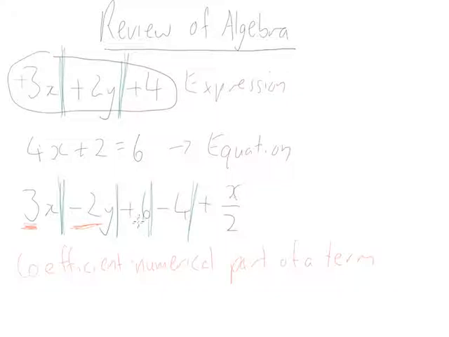Here you don't really talk about coefficients when it's just a number by itself. We'll come back to that in a second. This last term is 1 over 2 times x, so my coefficient here would be a half. Coefficient here is 4, coefficient here is 3, coefficient here is 2.